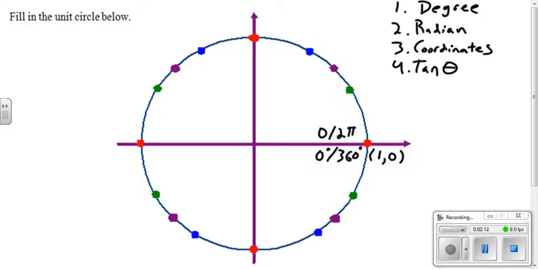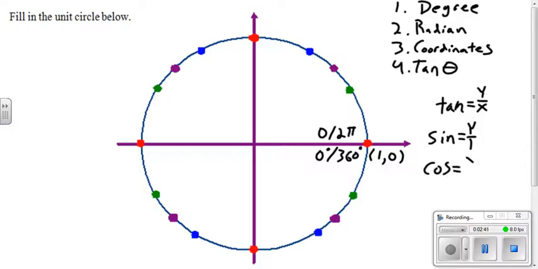The tangent at this point, remember, in these cases, because we have a unit circle, tangent is going to be found by the y value over our x value. If you wanted to know the sine, sine would be the y value over 1, 1 being the unit, our radius.